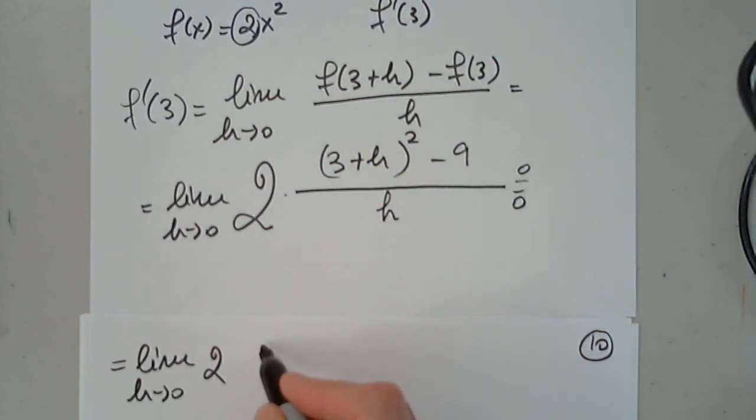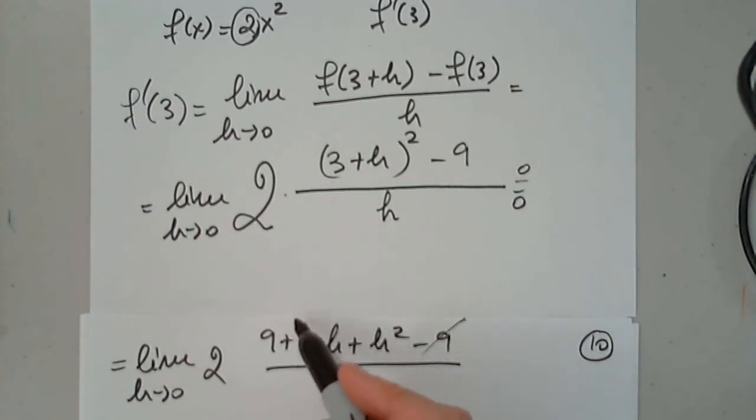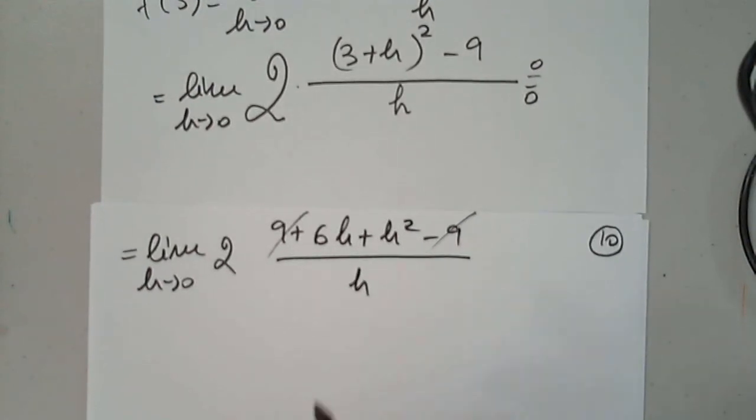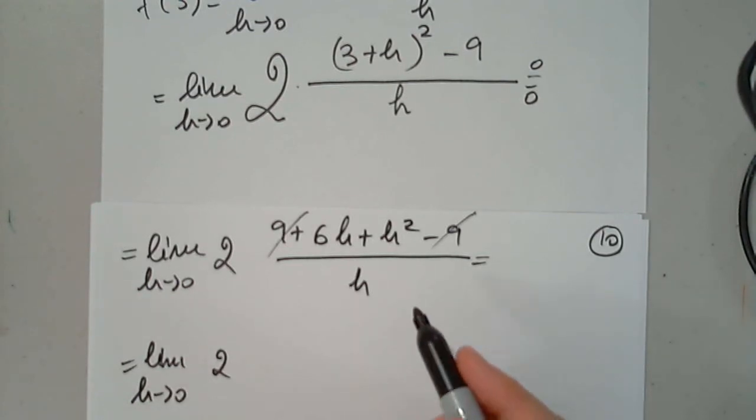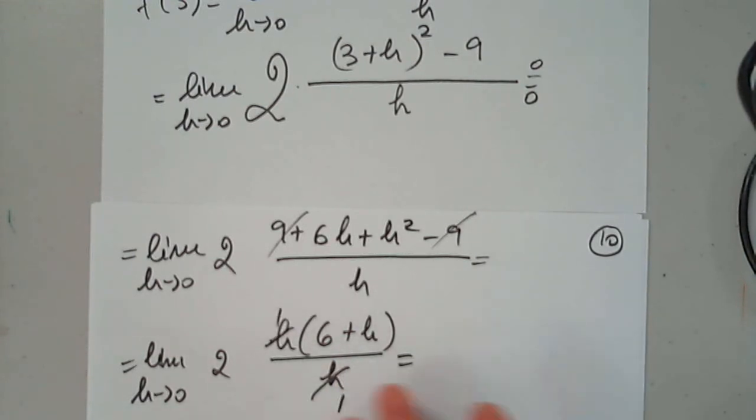I know what this is: 9 plus 6h plus h squared minus 9 divided by h. These two go away. That's the first step. Second step, h in the denominator has to go away. And I have h times 6 plus h divided by h. These two go away. I apply the limit, and I get 12.